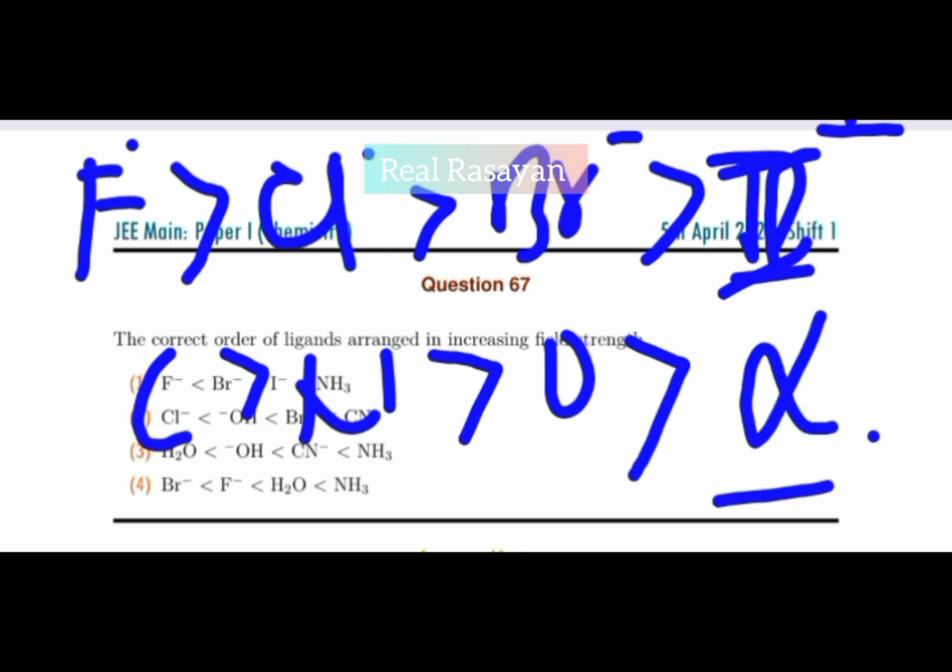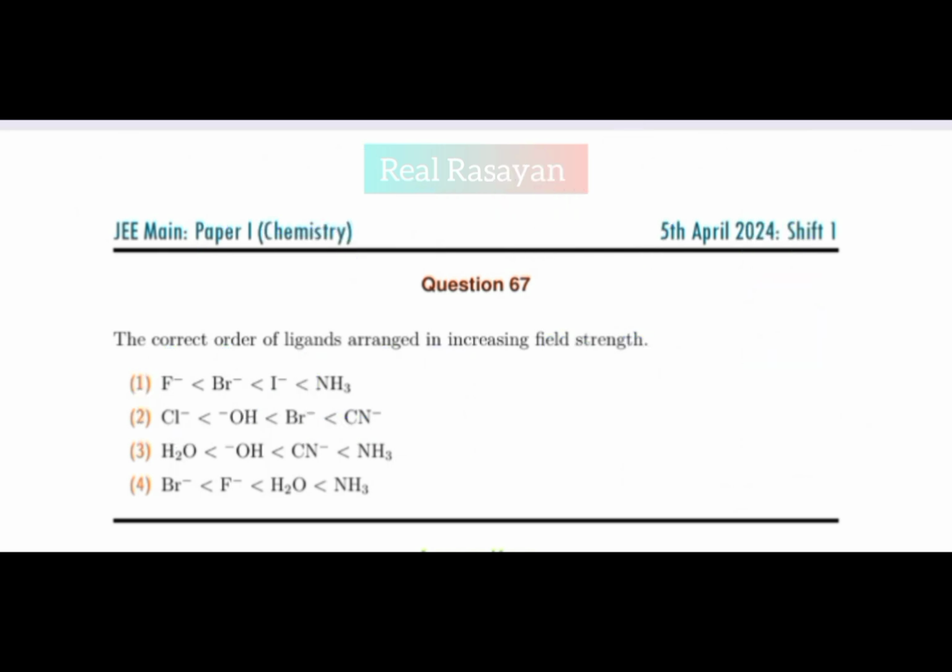So let us check the two simple rules in the given options. The first one is fluoride, bromide, iodide, and then ammonia.